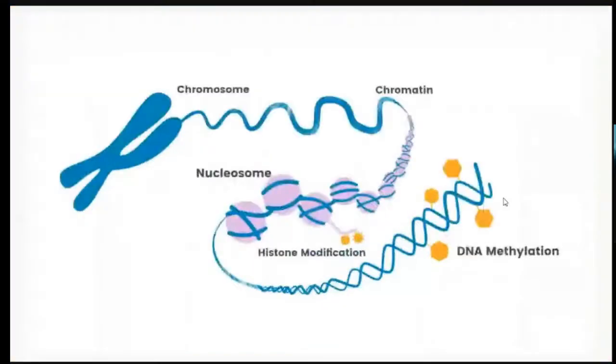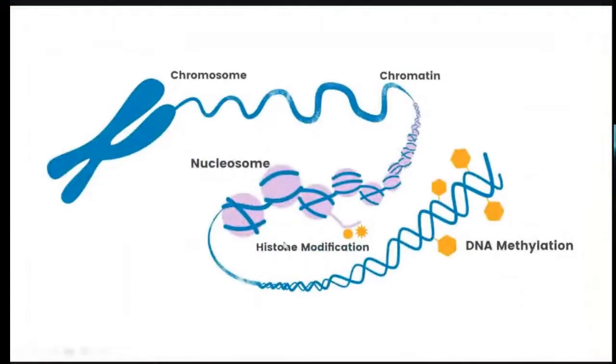Epigenetic changes involves DNA methylation and histone modifications. So DNA methylation, what it does is it actually represses or turns off your genes. So once your genes are methylated, they are turned off. Hindi mo sila ma-express. And ginagamit ito para kunyari, sa cells mo na hindi mo naman kailangan i-express yung certain kinds of genes, naka-methylate sila.